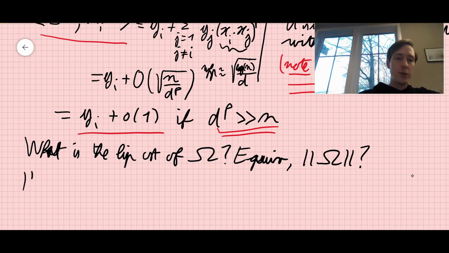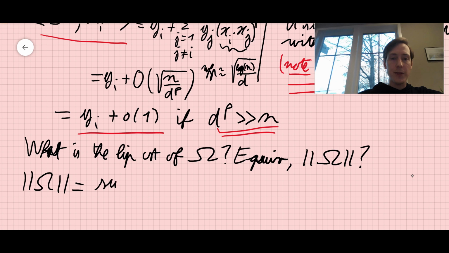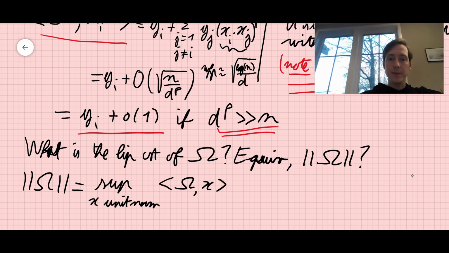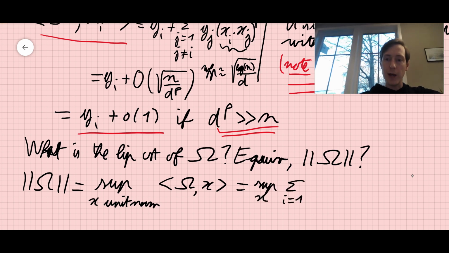So what is the operator norm? By lemma 3 above, it's the supremum over all x of unit norm of omega applied to x, which is a supremum over all x of the sum for i equals 1 to n of y_i times the inner product of x_i with x, to the p.